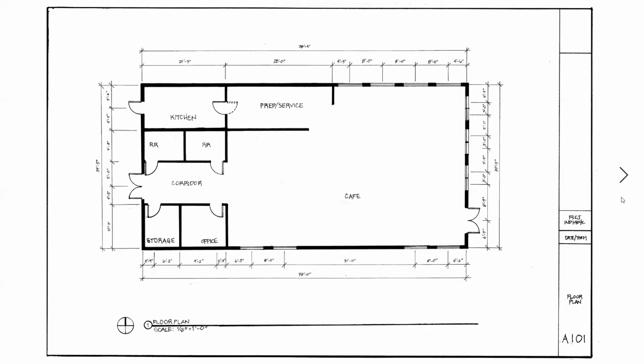So you can see here that the doors from the corridor and in the cafe open outward. And again, this is a code requirement so that if people have to exit in the event of an emergency, the doors open in the direction of egress or in the direction of exit.